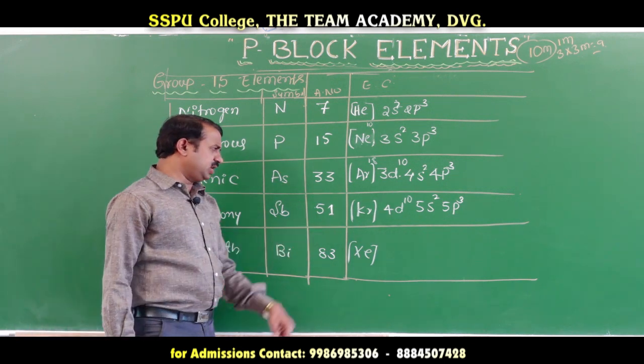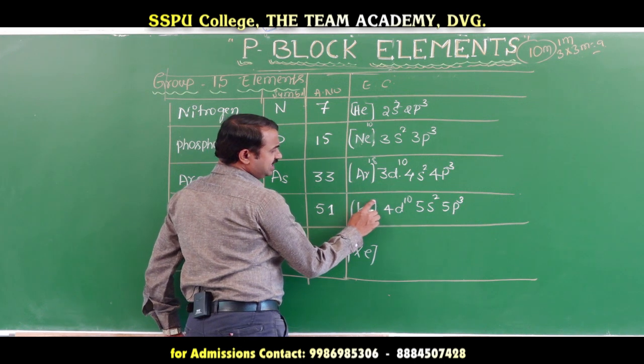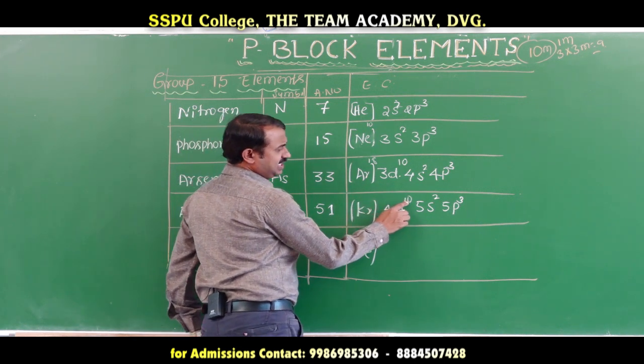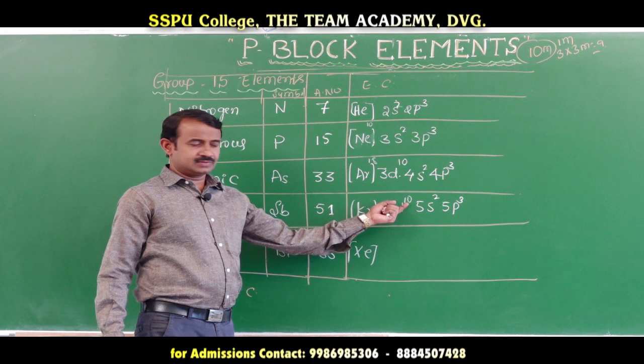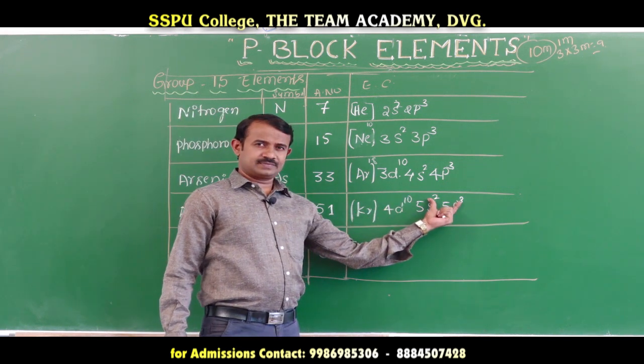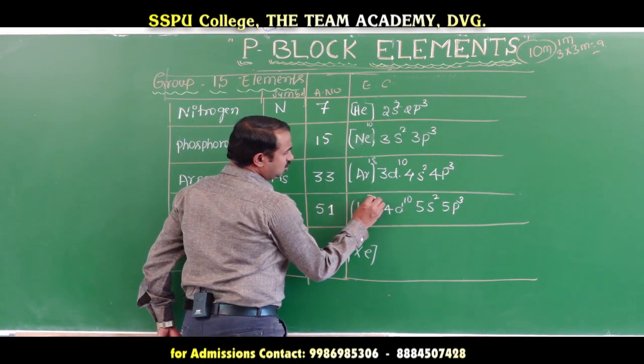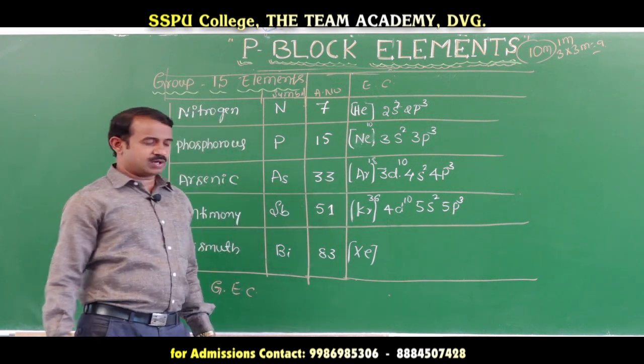This is the electronic configuration. Krypton is 36, 36 plus 10, 46, plus 5, 51.